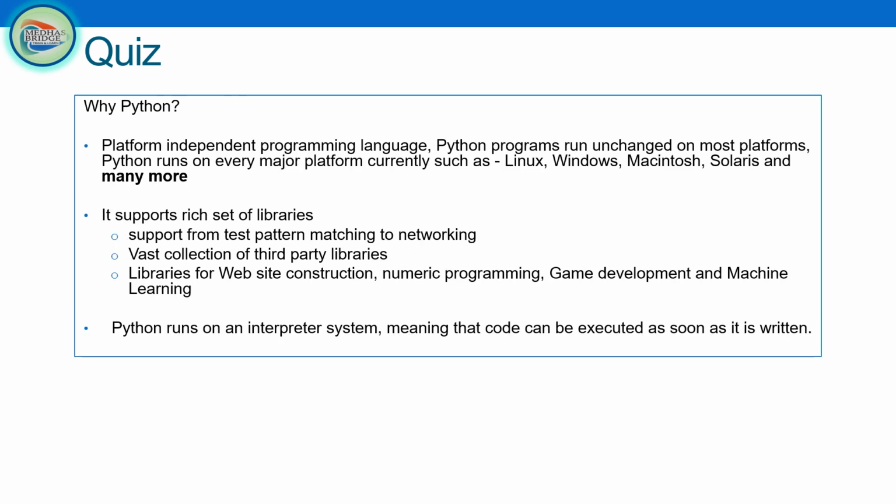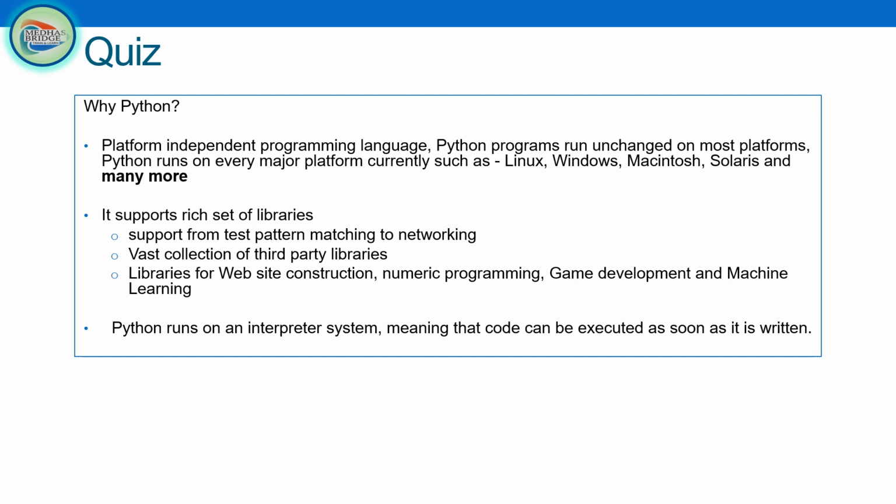Why Python? It's a platform independent programming language. Python programs run unchanged on most platforms. Python runs on every major platform currently, such as Linux, Windows, Macintosh, Solaris, and many more.